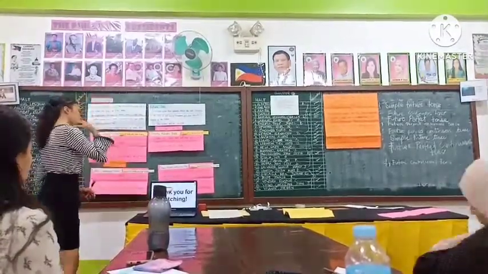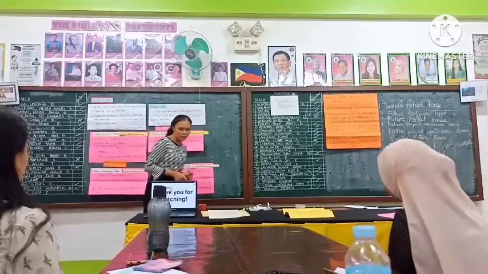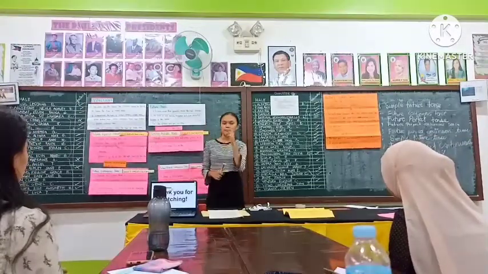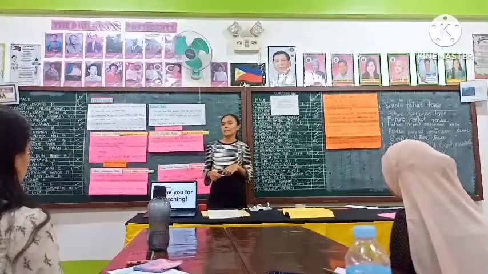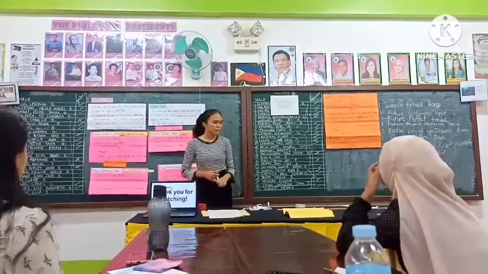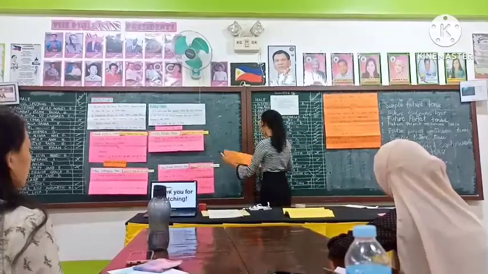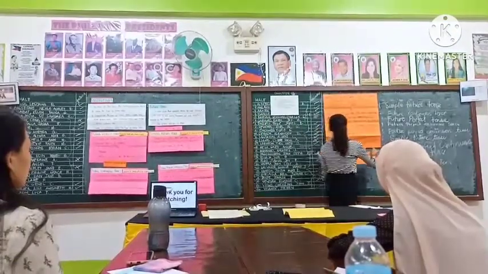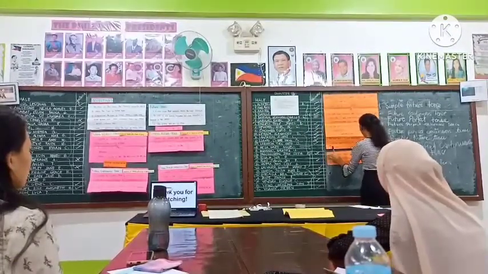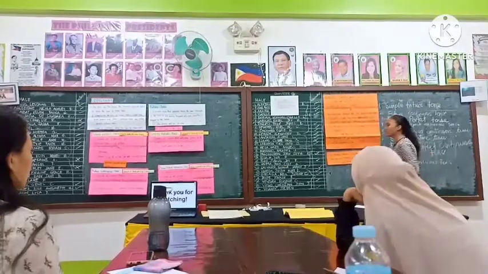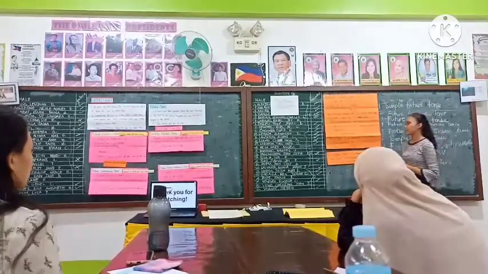Okay, so remember, class, that using the future tense can be more tricky than the past tense and the simple tense. So remember a few rules of the future tense.